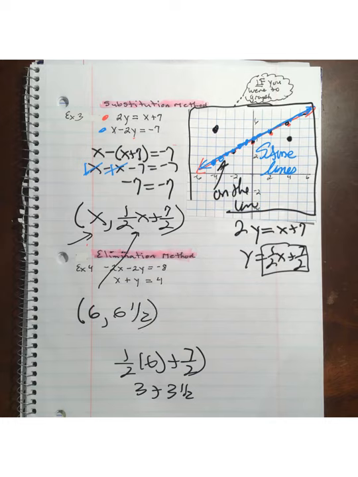And if you plot 6 and 6.5, you will see it landed right there on the line. So this is basically a map that will give you solutions that land on the line. It says you pick any number you want for x, plug it in, and that will be a solution.